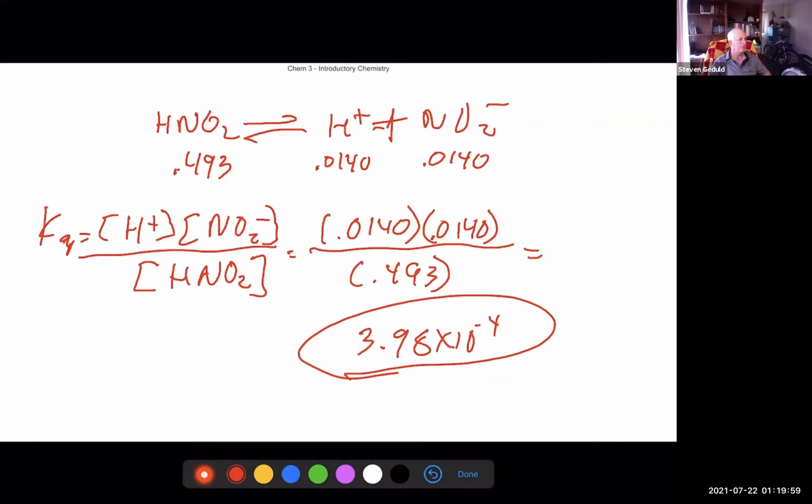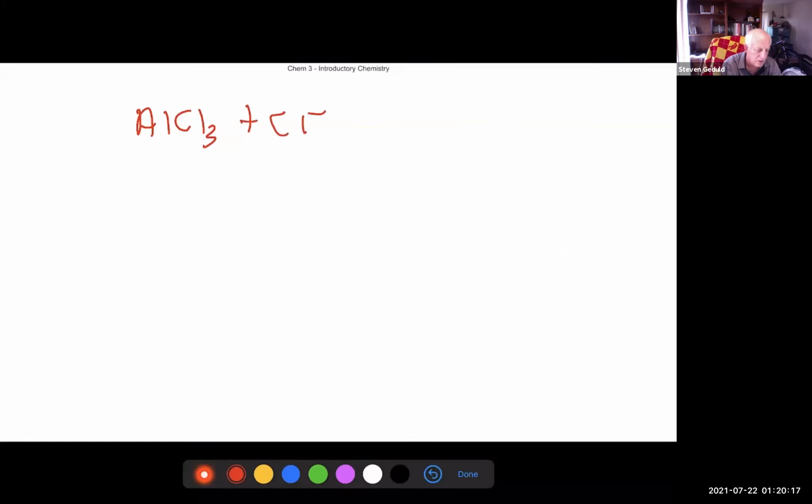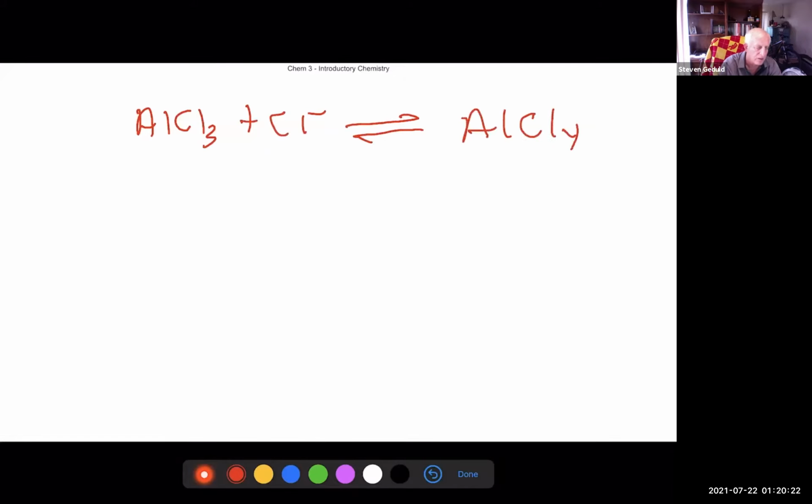All right, write the equilibrium expression for aluminum chloride plus Cl minus going to AlCl4 minus, and all those are aqueous.